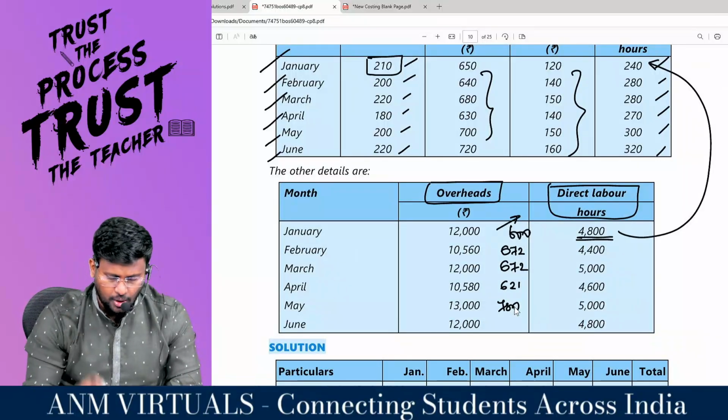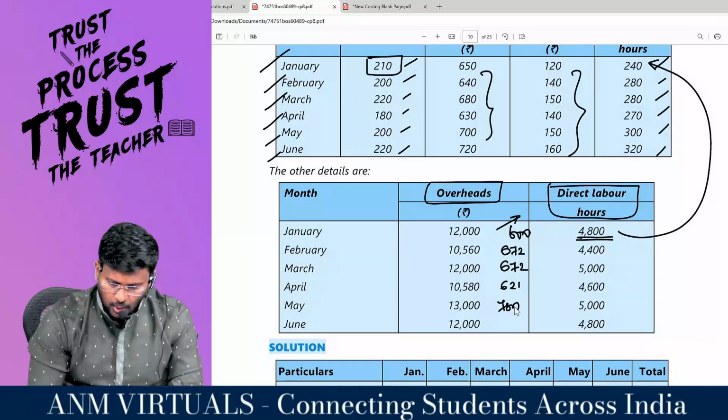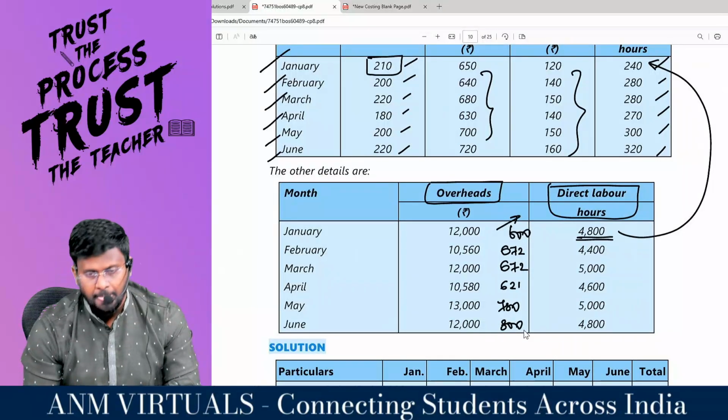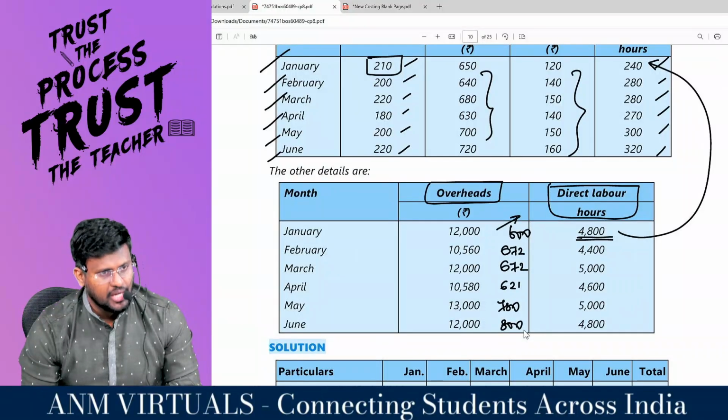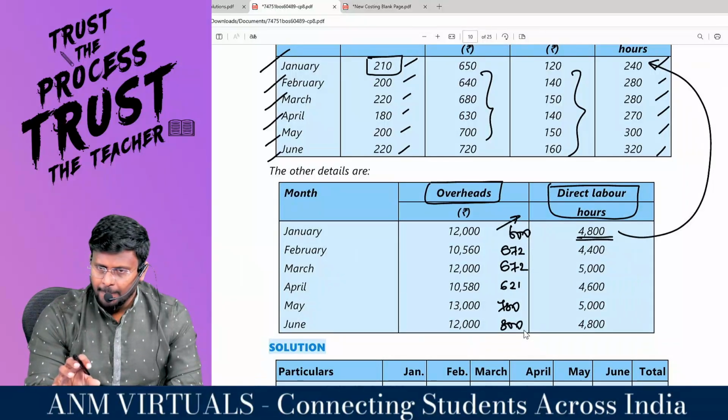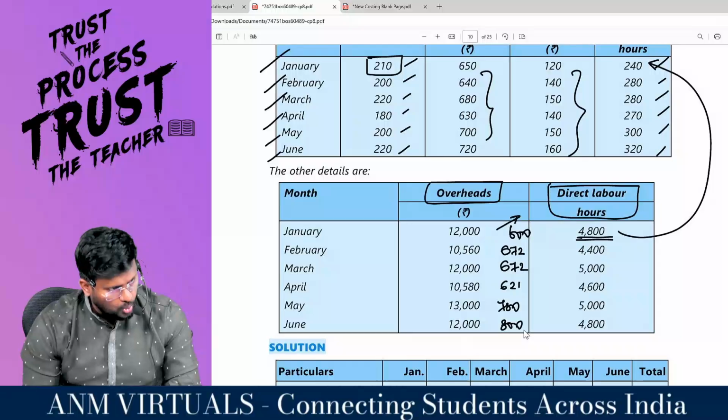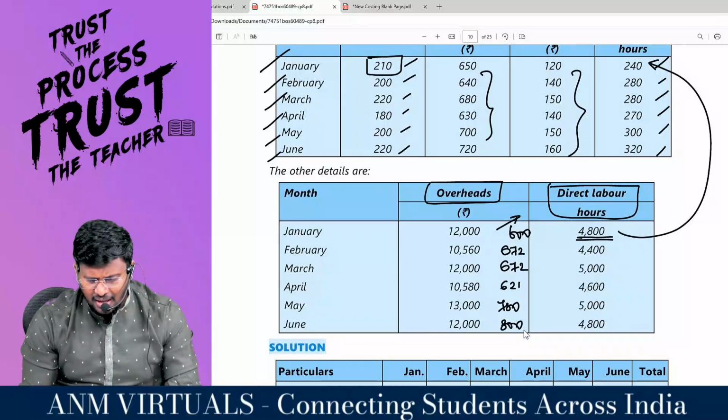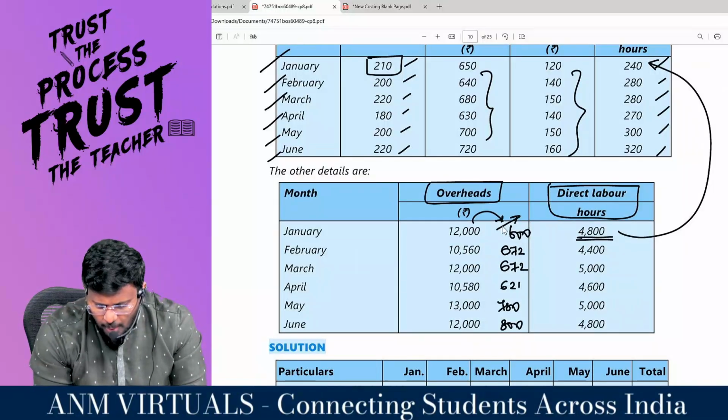Comfortable? 12,000 into 320 divided by 4,800 comes to 800, the share of overhead for the month of June for this particular product.